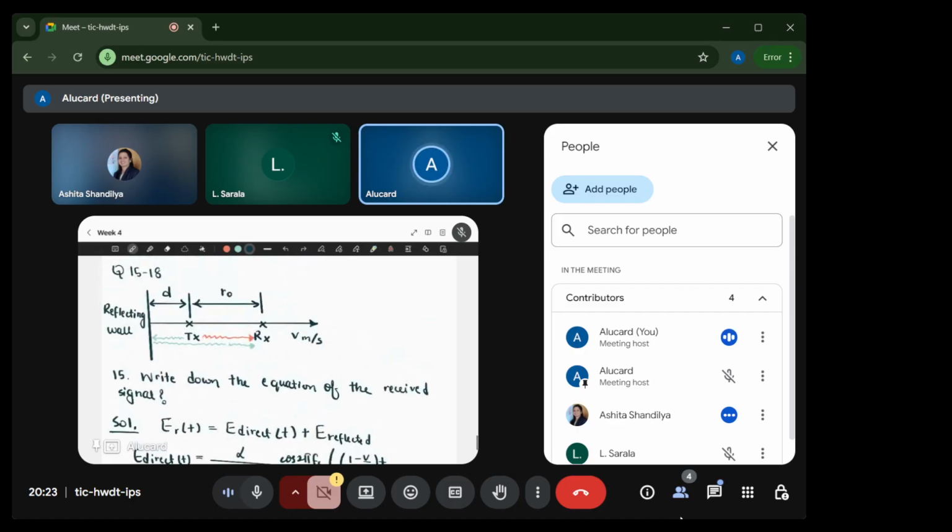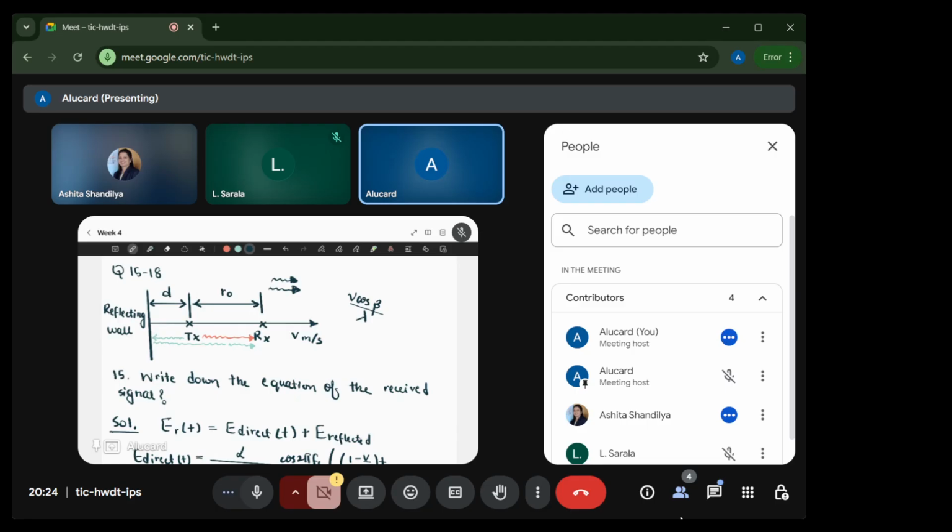Earlier, in the previous question, we had seen that the Doppler was v cos beta by lambda. Here, the user is moving in this direction and the radiation is also moving in the same direction. So the angle that the direction of motion makes with the direction of wave propagation is 0 degrees. So cos beta is just 1.